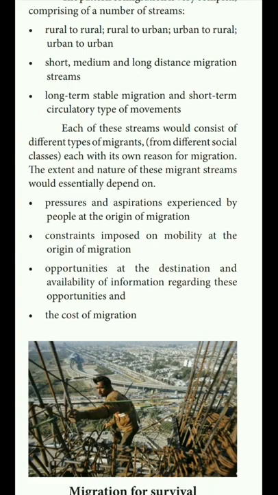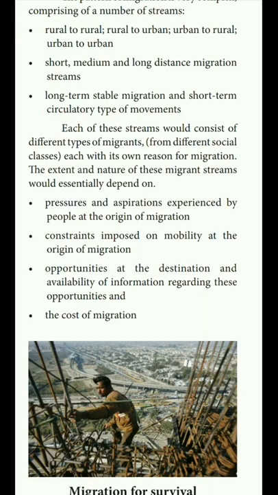Next, opportunities at the destination and availability of information regarding this opportunity. They have some opportunity to go to foreign countries or any other countries to get a good job also. They have the opportunity. Next, the cost of migration. Due to the cost also they migrate.